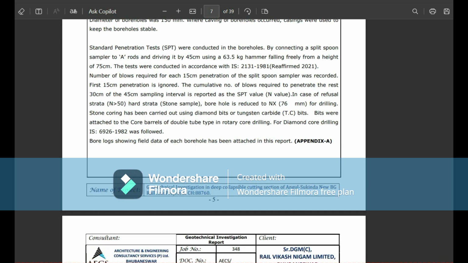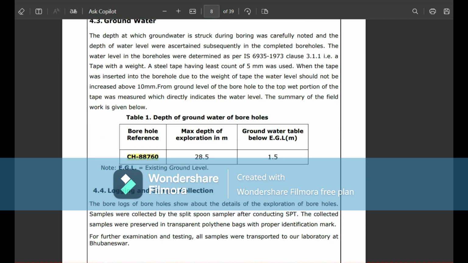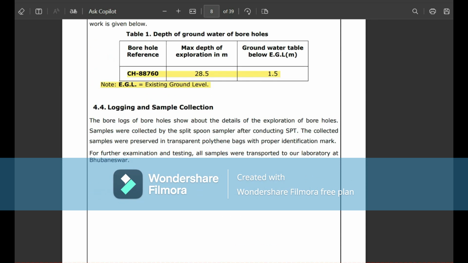In this area the seismic zone is 3, and the maximum depth of exploration is 28.5 meter, with groundwater table at 1 point 2 meter below EGL.